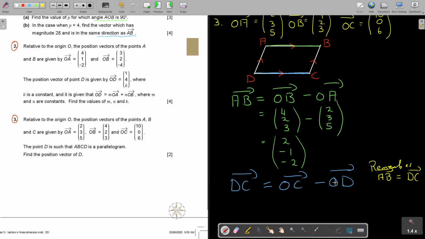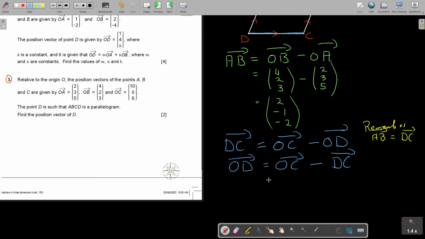Now, if I make OD the subject of the formula, take it to the other side. Why? Because I want the negative to get away. So it's going to be OC minus DC. But I said DC is equal to AB. So it's actually going to be OC minus AB.